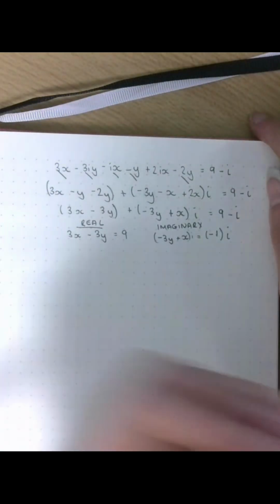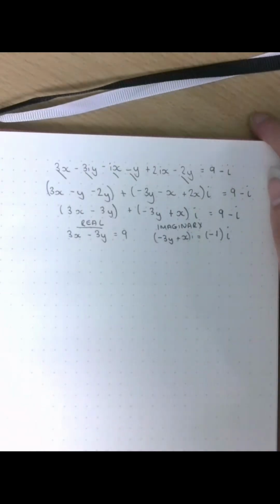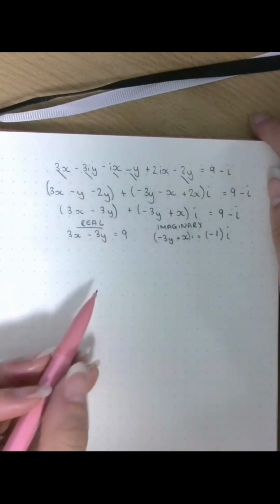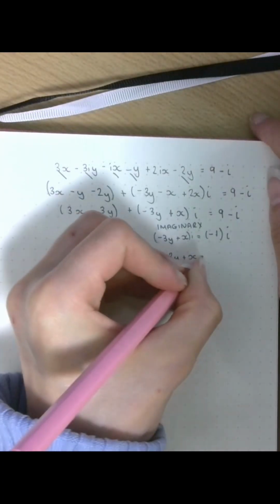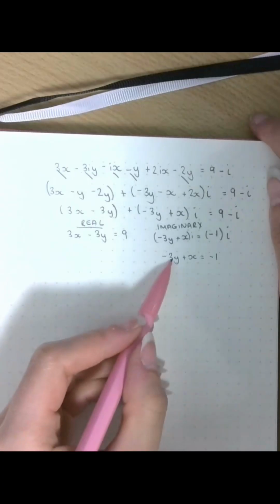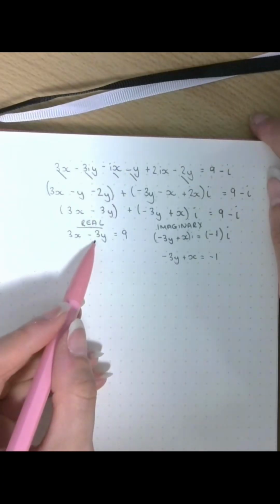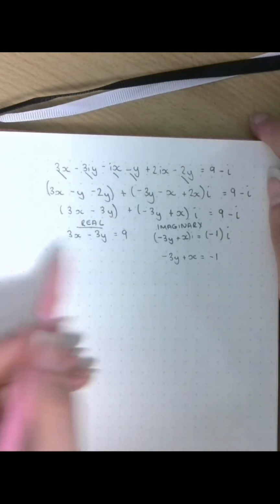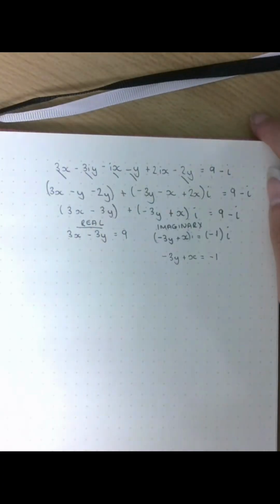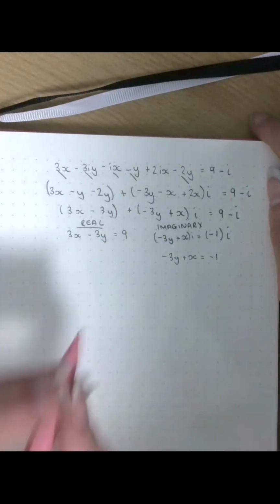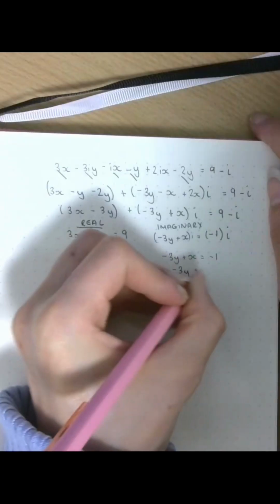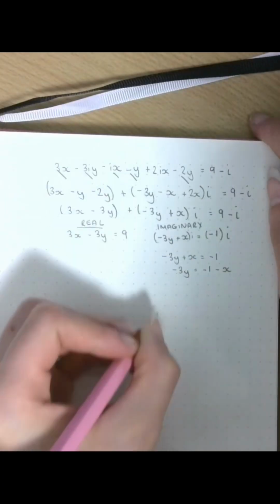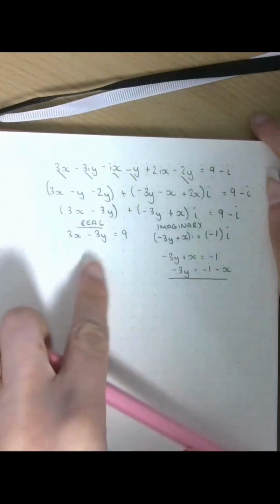So we've now got two equations that we can solve. What I might do here is make that 3y plus x is -1. I've got a negative 3y here, I've got a negative 3y here, so I'm just going to rearrange one of those and substitute it into the other one. So I might take away that x, so that minus 3y is minus 1 minus x, and I'm going to substitute that into here.